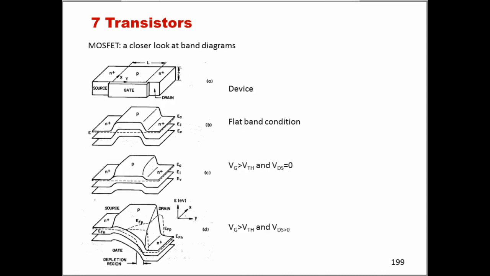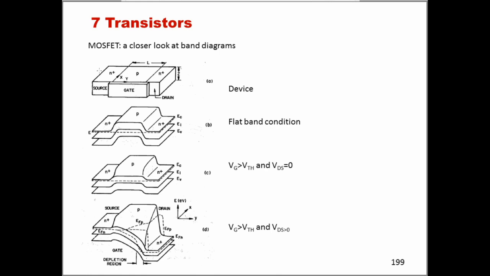Okay, since we've had a look now at the charge distributions in our MOSFET devices as it turns on and starts operating, let us also have a look in a bit more detail into the energy diagrams of our device as it starts operating.